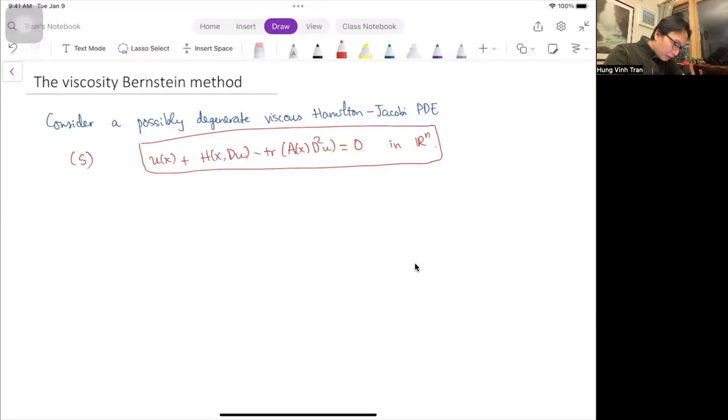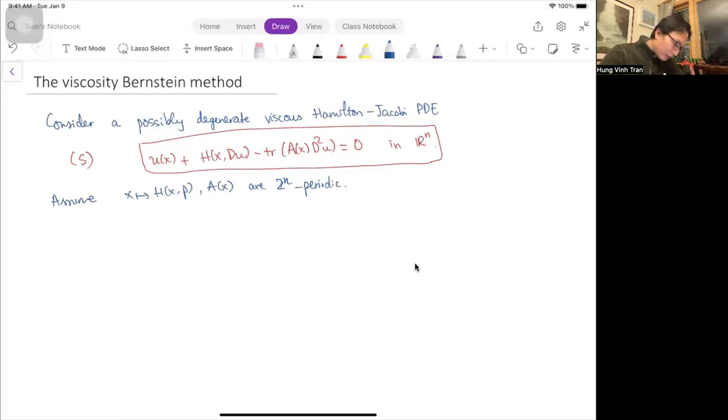So we assume everything is periodic. So assume x maps to H(x,p), x maps to A(x), Z^n periodic. Then under some structural conditions, once you have a solution, it's unique and hence it's also periodic.